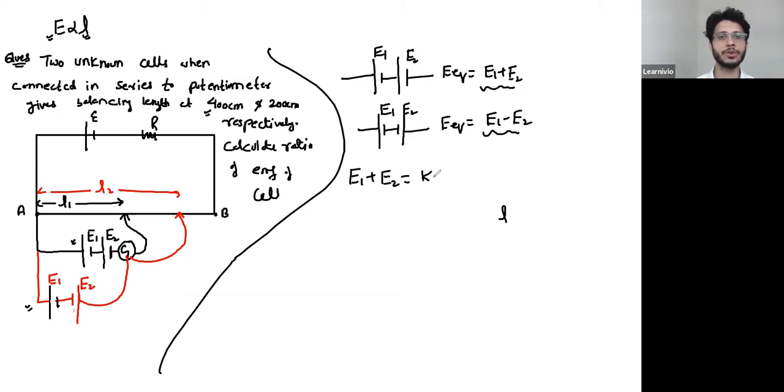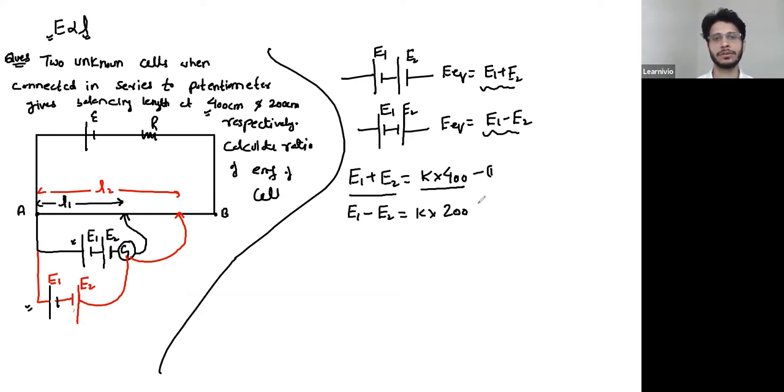So E1 plus E2 is K into 400, and E1 minus E2 is K into 200. You just have to calculate the ratio of this.